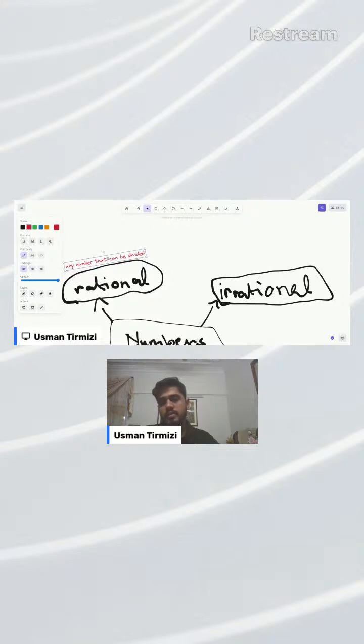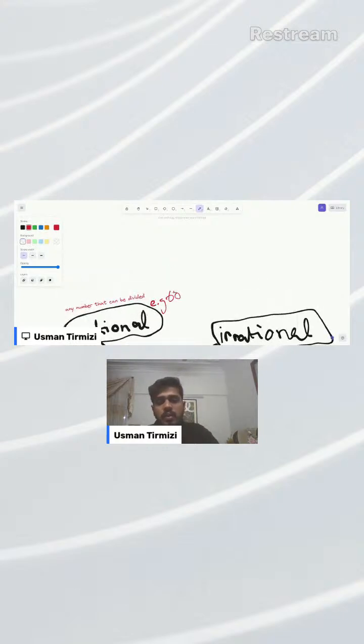Let's say if I were to give you an example of a rational number, let's suppose 61. 61 is a prime number, although it's a rational number. Anyways, I say 62 or maybe 60. Can 60 be divided with any number in the world? It can be, right? So it's basically a rational number.